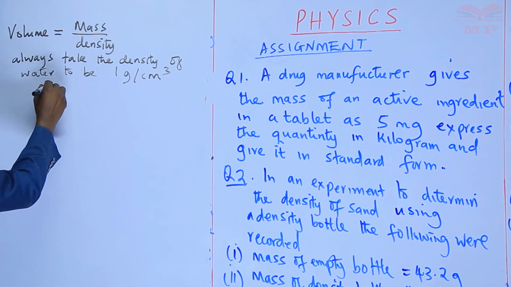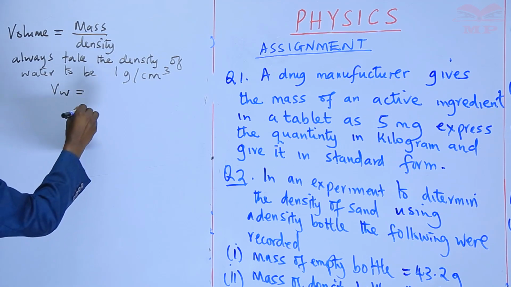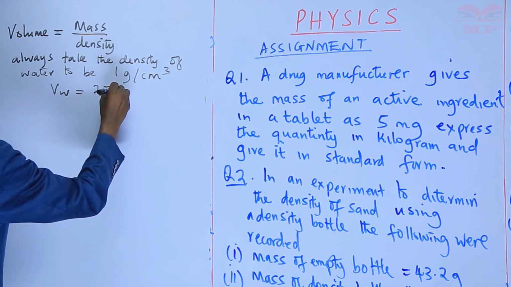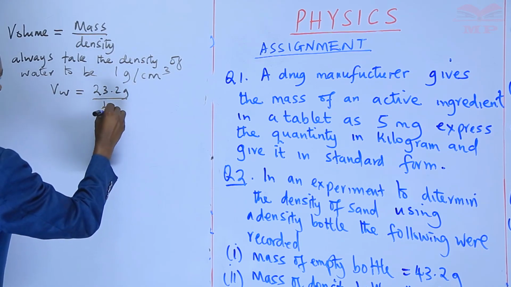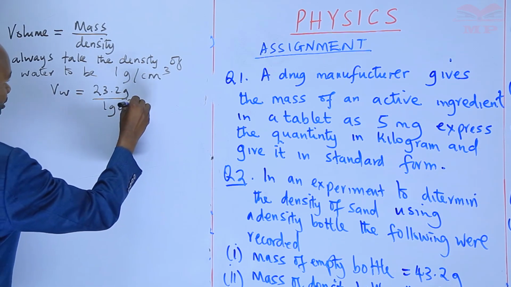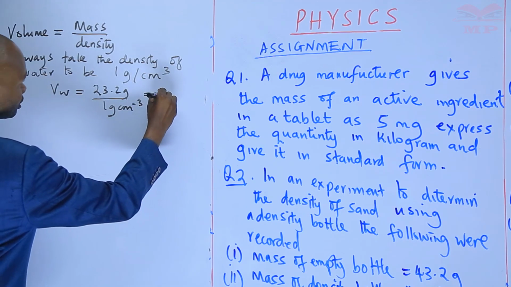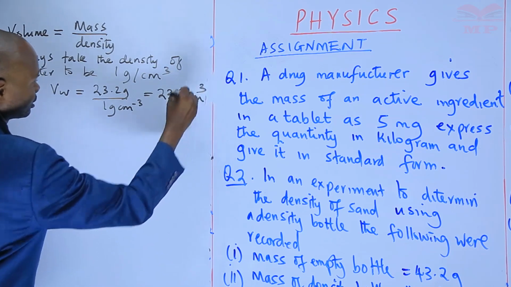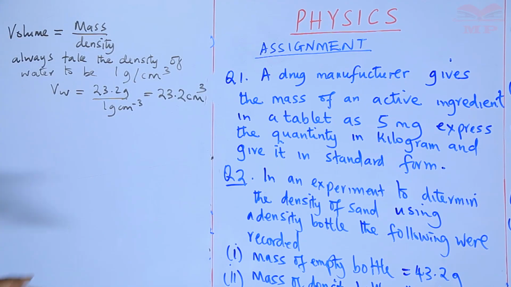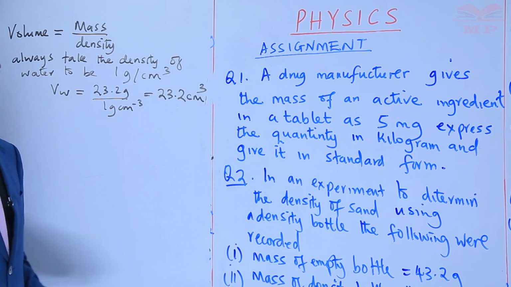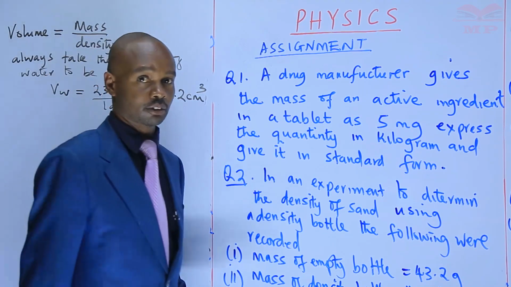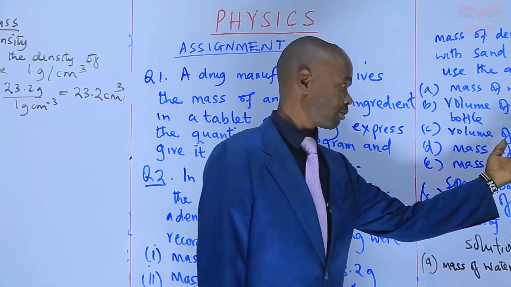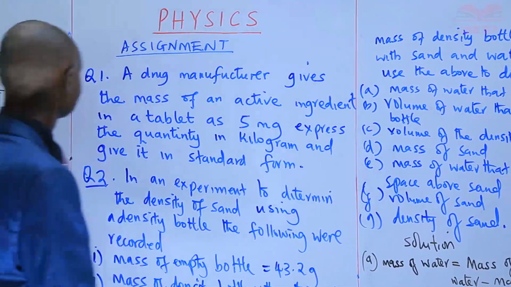Therefore, volume of water will be given by that 23.2 grams over 1 gram per centimeter cubed. That will still give you 23.2 centimeters cubed. That will be the volume of the water. Now to 2, volume of the density bottle.